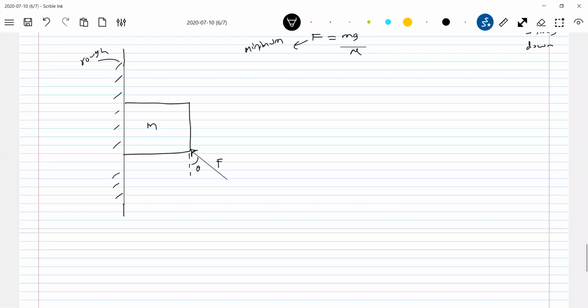So we applied a force at an angle. So what are the forces that will be acting? mg. I'll give another diagram.